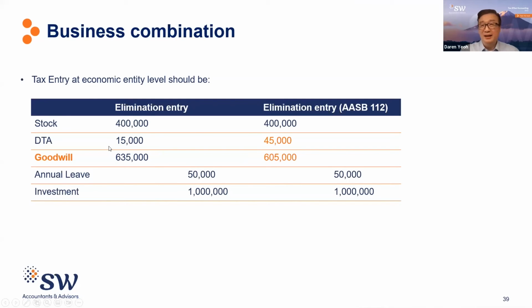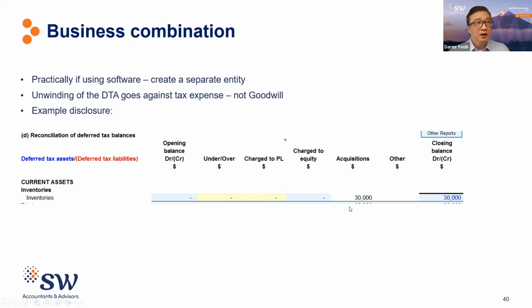However, the economic entity will recognize an additional 30,000 deferred tax asset on the stock. Therefore, its DTA is 45,000, and the other side of the entry will go against a credit to goodwill. Okay. And in your notes to financial statements, you need to show the portion of the change in DTA that is going against goodwill.